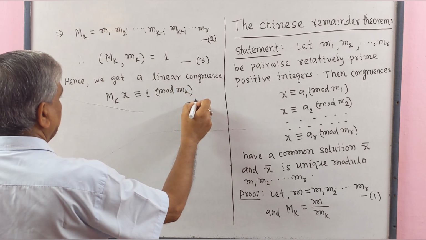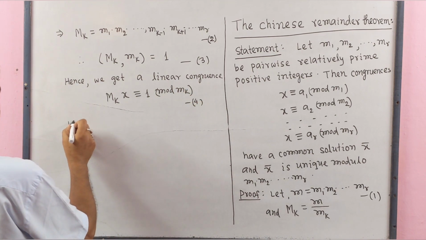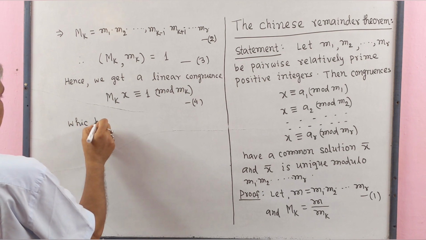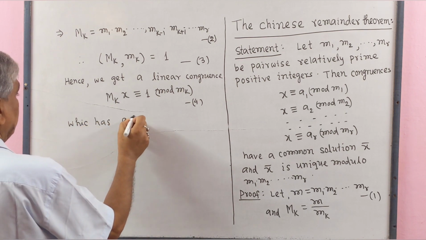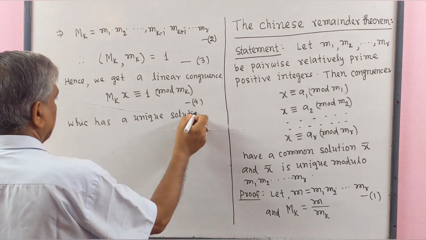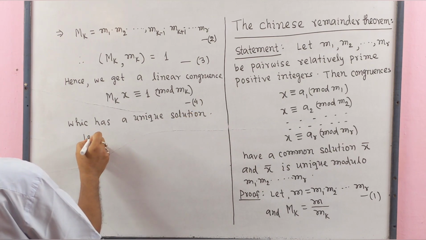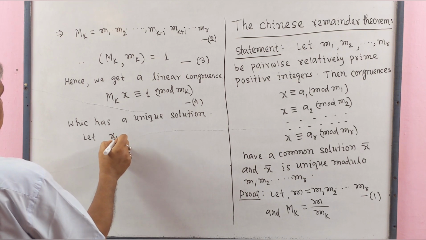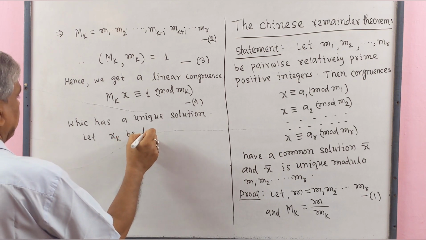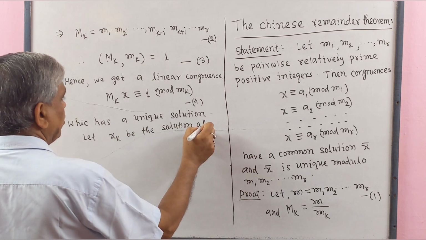This is number 4, which has a unique solution. Let xk be the solution of 4.